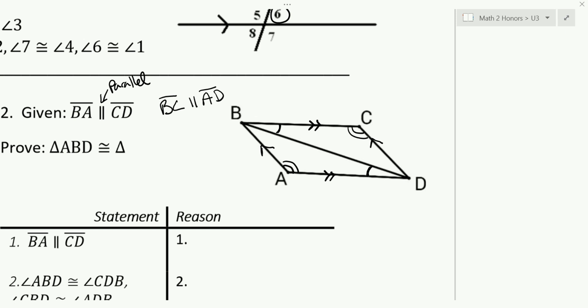Yes. And they have to touch the same segment, the same transversal. Do they both touch the same transversal? You know what I mean by transversal? Or do those angles touch a common line segment? Which one? So give me a line segment that they both touch.